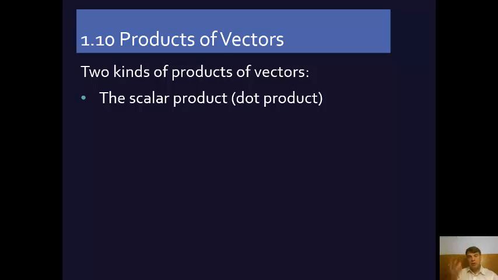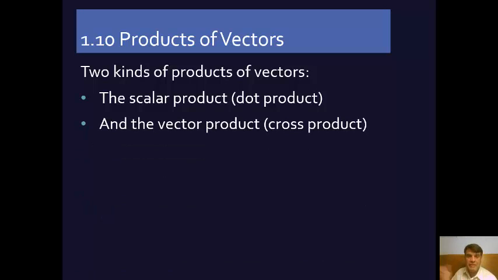A scalar is a non-directional quantity, and so the scalar product of two vectors does not end up with a vector. It doesn't end up with something that has direction. It ends up with just a magnitude of these two vectors multiplied by each other. There is another kind of product of vectors, and that is a vector product, sometimes called the cross product.